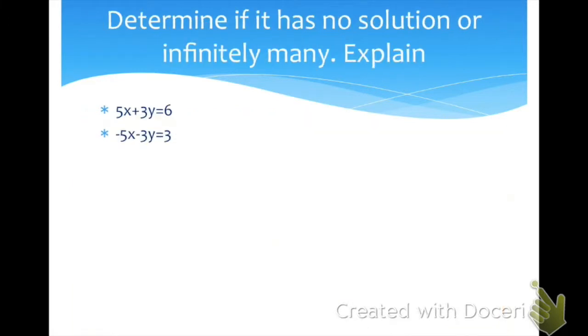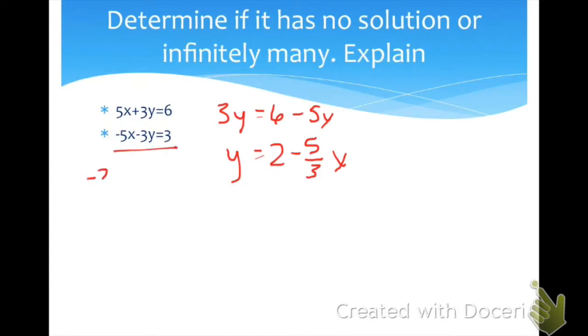Let's try a couple more. We're just going to determine the number of solutions. We're not going to solve, we just want to see how many solutions there are. So if I solve this for y so I can easily find my x and y intercepts, 3y equals 6 minus 5x, y equals 2 minus 5/3 x. And then if I solve this one, I'm going to get negative 3y equals 3 plus 5x.